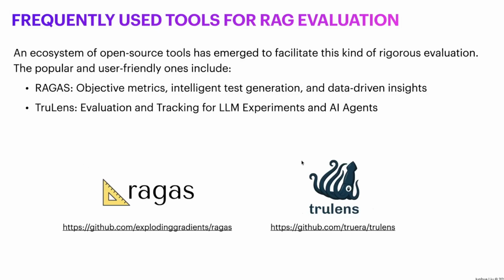And TruLens is also another one that is very widely used to measure the performance of the RAG system. During the lab, we will use a bit more of TruLens. If you are building your project and you want to measure some things that TruLens doesn't offer, you can potentially check out Ragas and measure the performance.